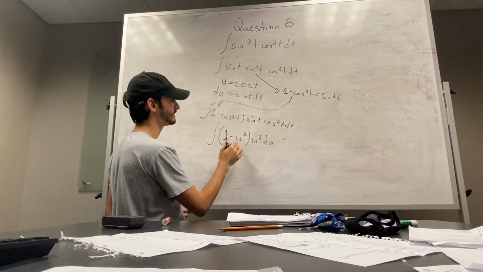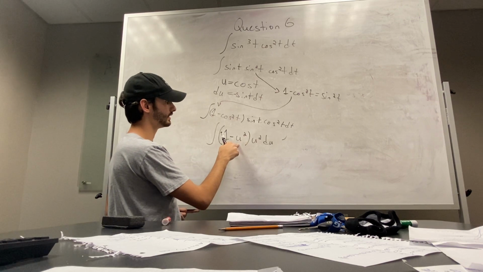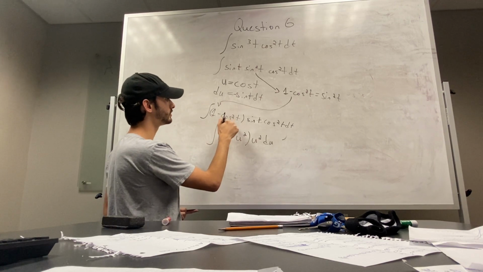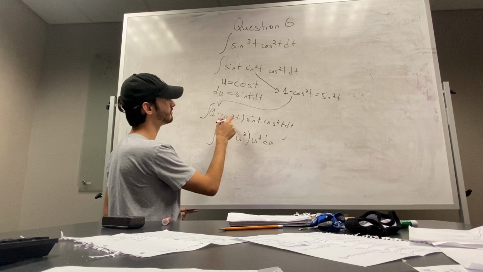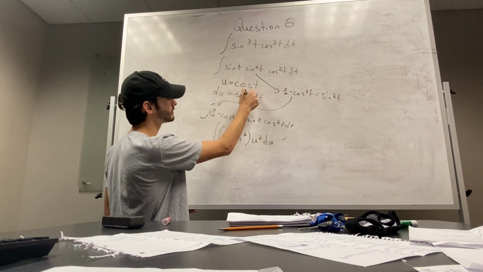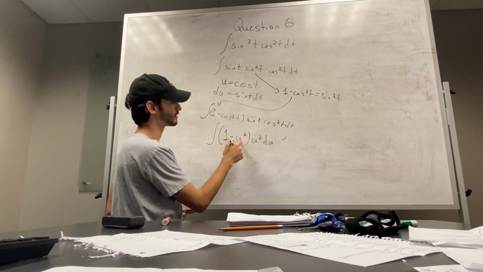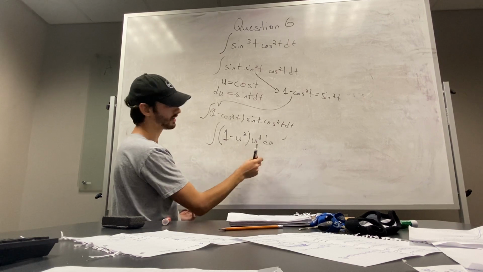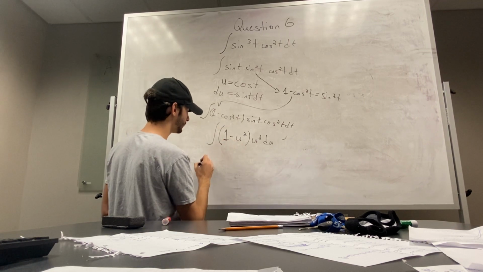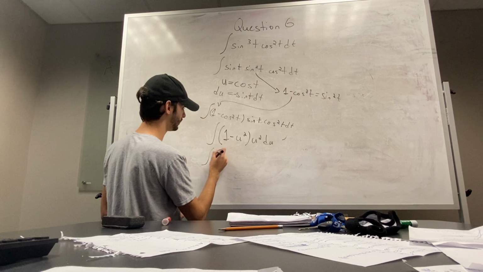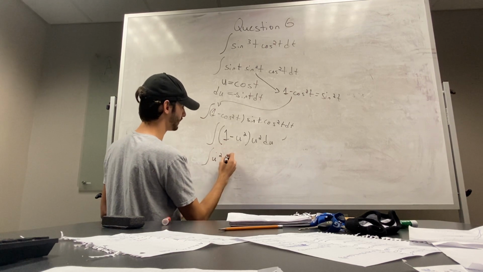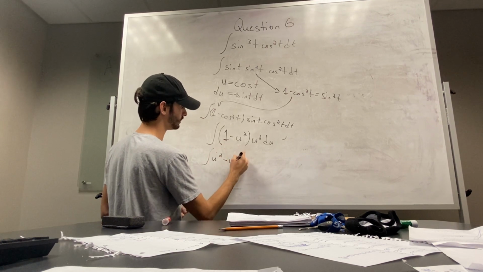All right. And you see how I got this u squared? So we have cosine squared t, and u is cosine t, so it's going to equal u squared. So now that we have this, we can distribute u squared into the equation, which is going to give us u squared minus u to the fourth.